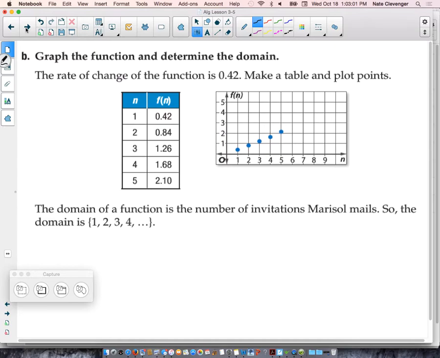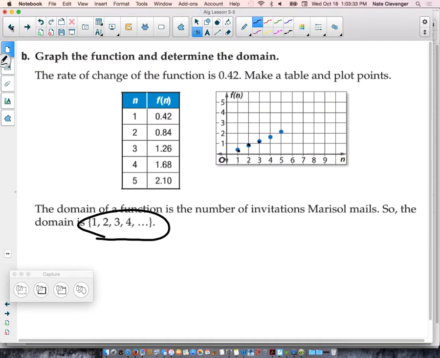So the domain, which represents your n's, is 1, 2, 3, dot, dot, dot. Now it's a mailing. Can you have a partial mailing? No. Can you mail part of a postcard? No. So that's why your values would be solid points, because you're not able to sell part of it. There's not a solid line connecting them.